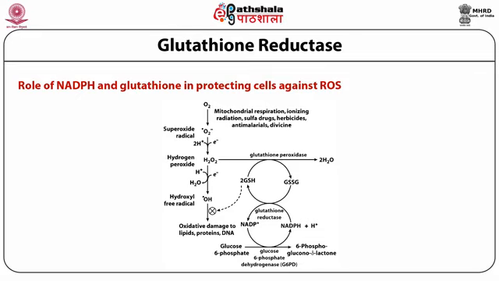When erythrocytes are exposed to chemicals that generate high levels of superoxide radicals, to reduce this damaging compound, GSH is required. Erythrocytes require sufficient NADPH to maintain the GSH-GSSG ratio at about 500 to 1, which the pentose phosphate pathway normally provides. This is the role of NADPH and glutathione in protecting cells against highly reactive oxygen derivatives.